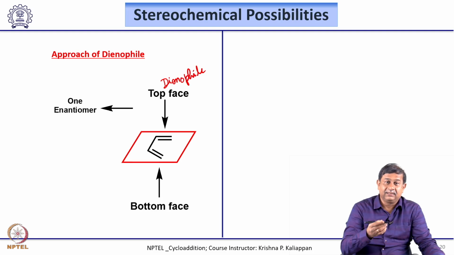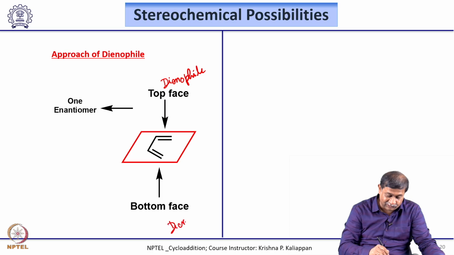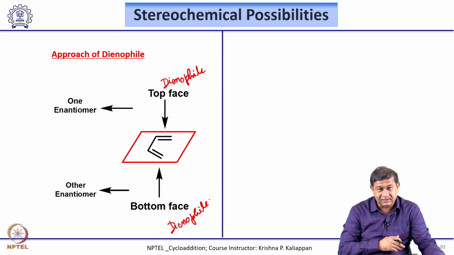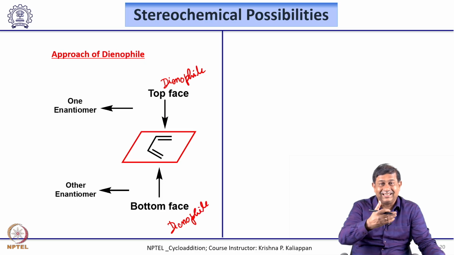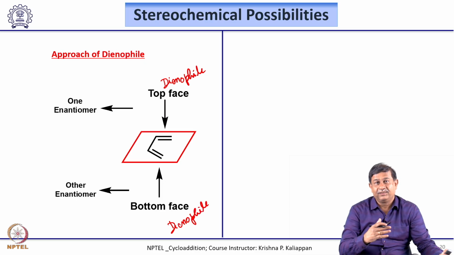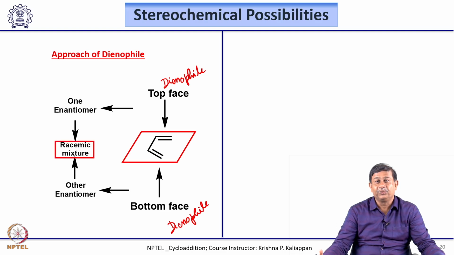Since the diene is planar, there is an equal possibility that the dienophile can also come from the bottom face. If that happens, that should give exactly the opposite enantiomer. Since the possibilities are equal, you will get both enantiomers in 50-50. That is why you get a racemic mixture.